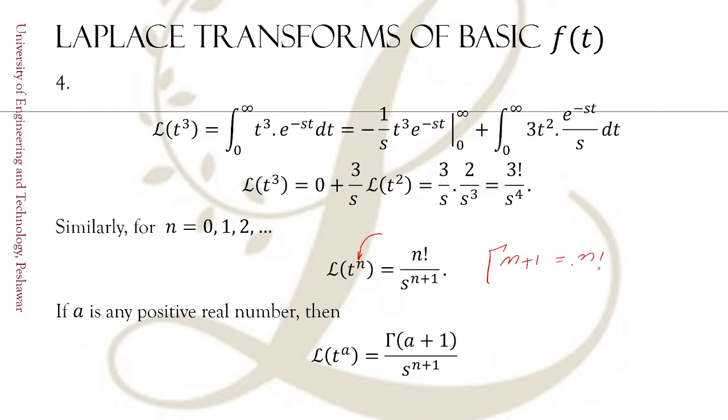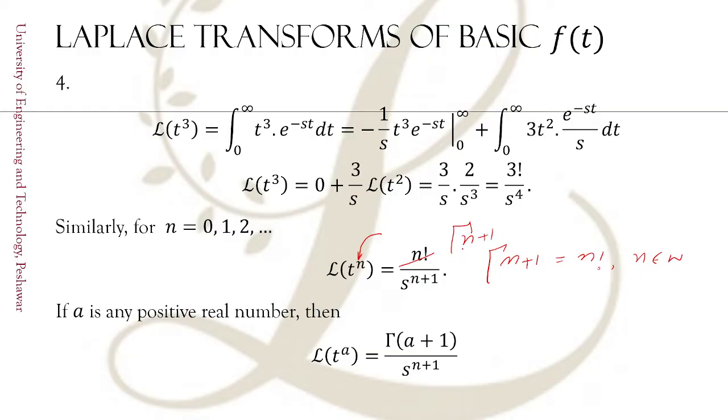Okay, but that is true when n belongs to whole numbers. So in this formula, when we know that n is a whole number, we replace this with gamma of n plus 1. So we have Laplace transform of t power n equal to gamma of n plus 1 by s power n plus 1.